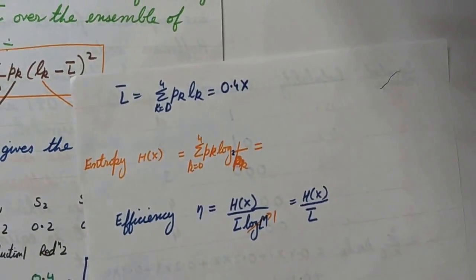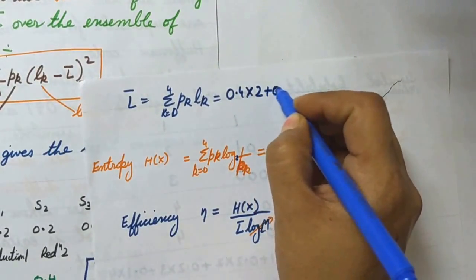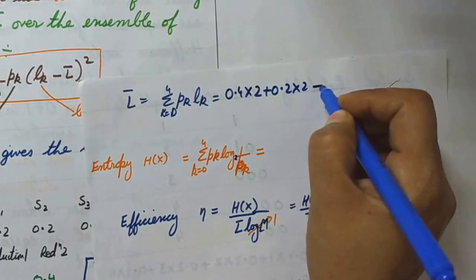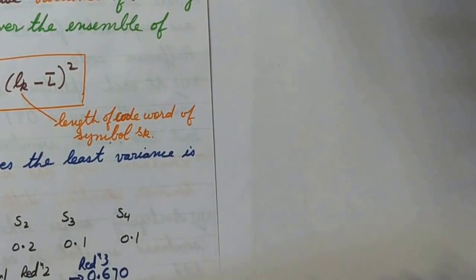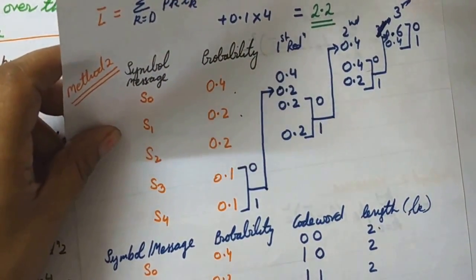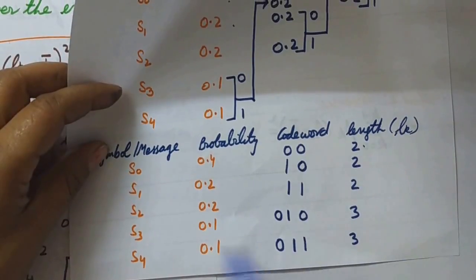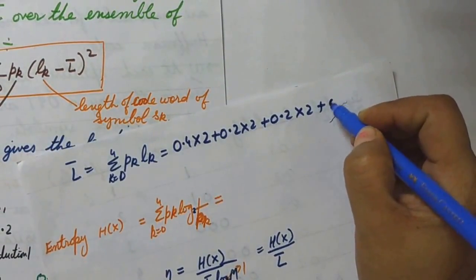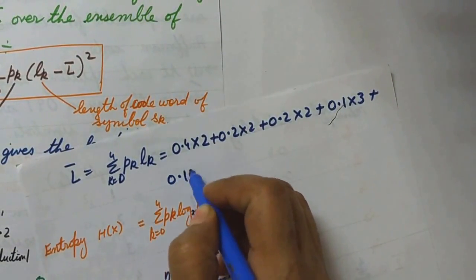So the sum is 0.4 into 2 plus 0.2 into 2 plus 0.2 into 2, and the last two symbols have lengths 3 and 3 and probabilities 0.1 and 0.1. So plus 0.1 into 3 plus 0.1 into 3.